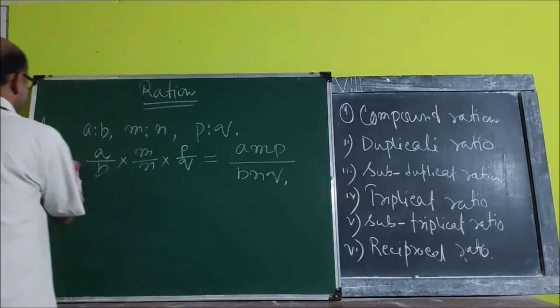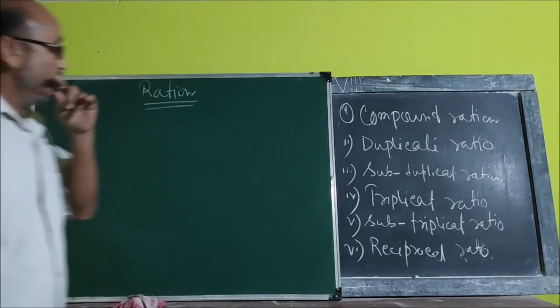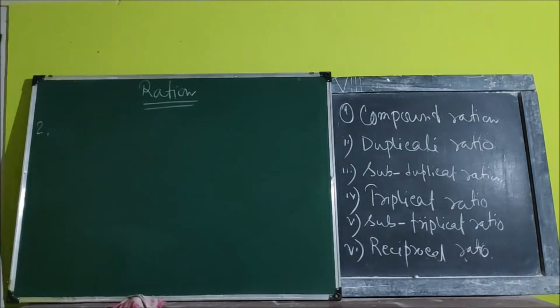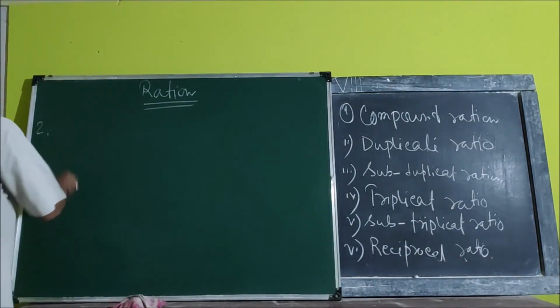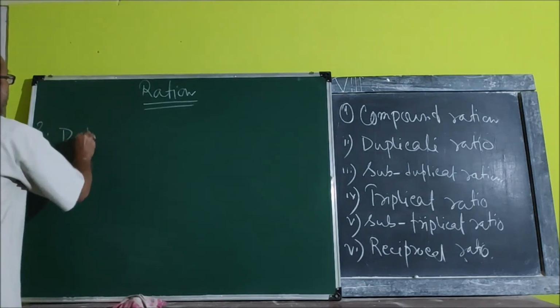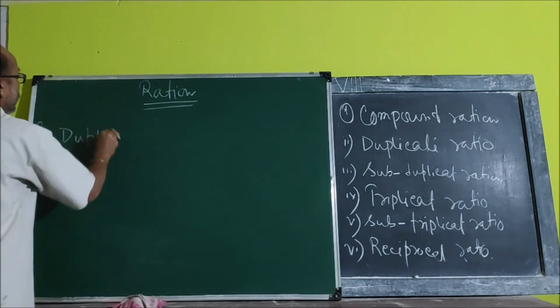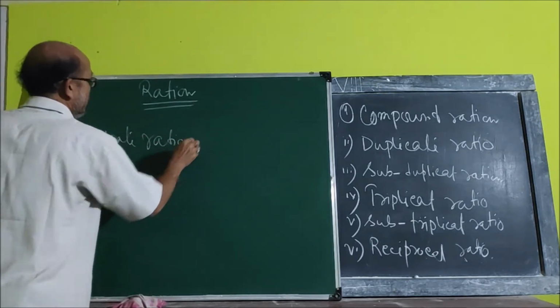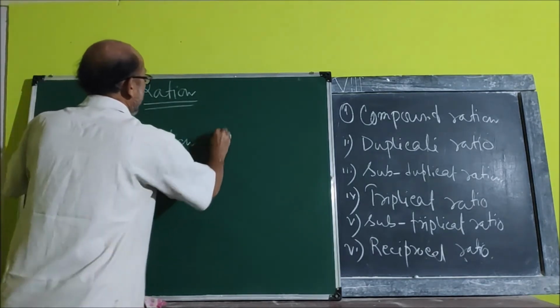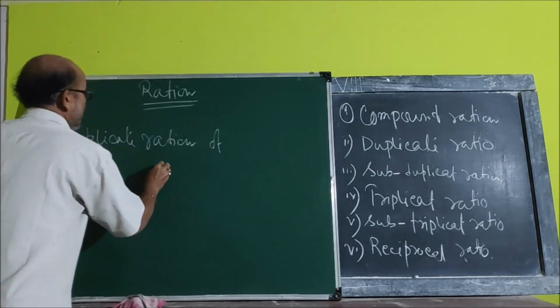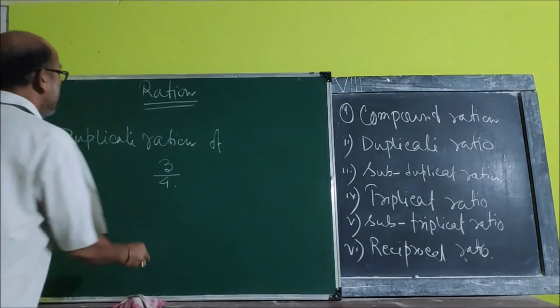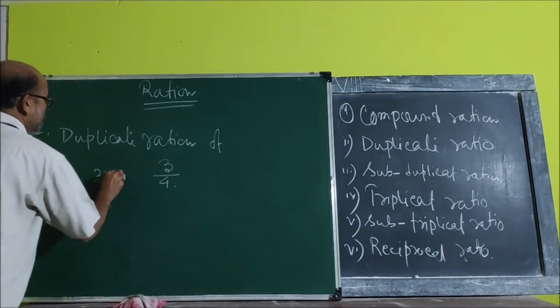Next one, duplicate ratio. Suppose we have to write the duplicate ratio of 3 by 4, or 3:4.